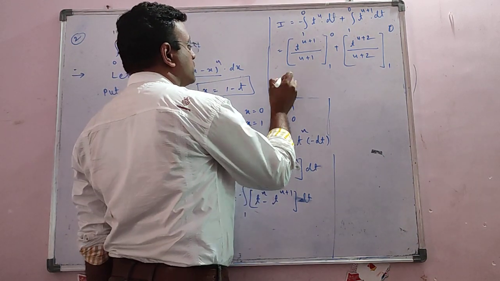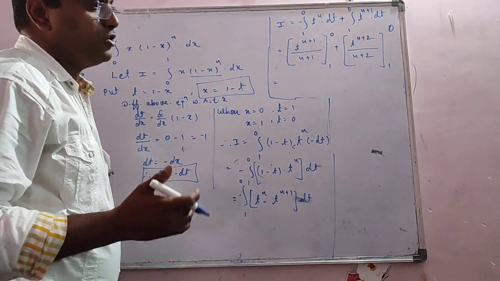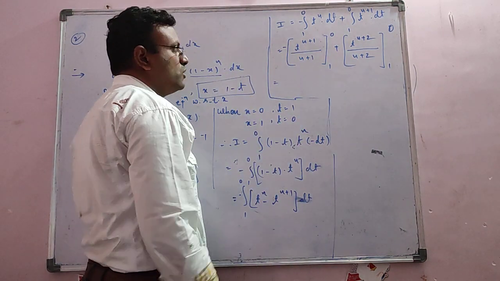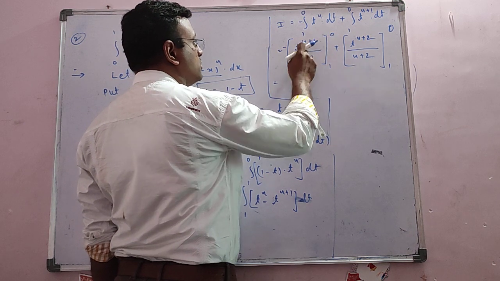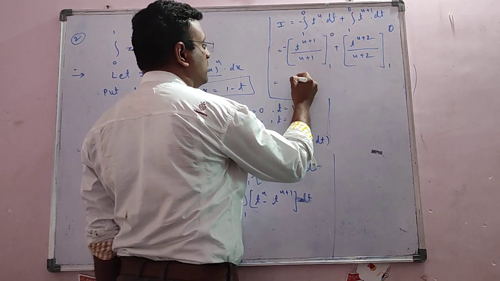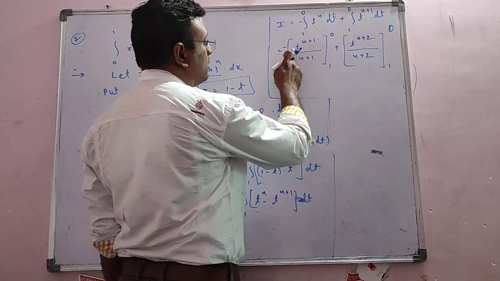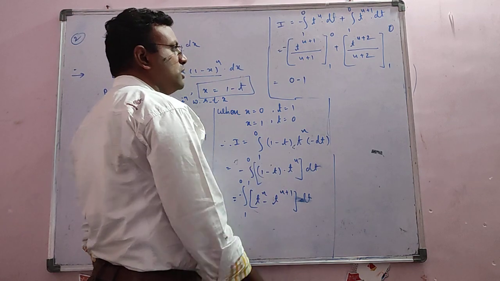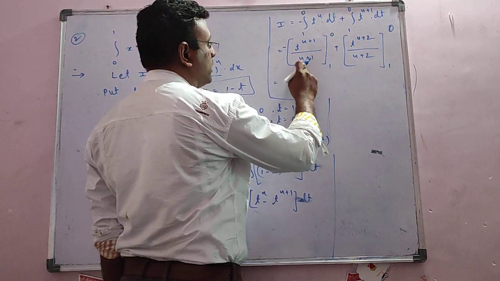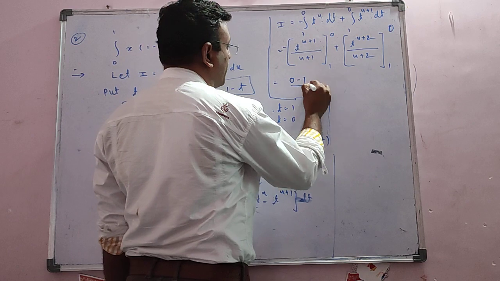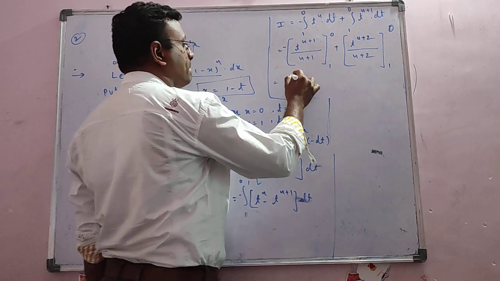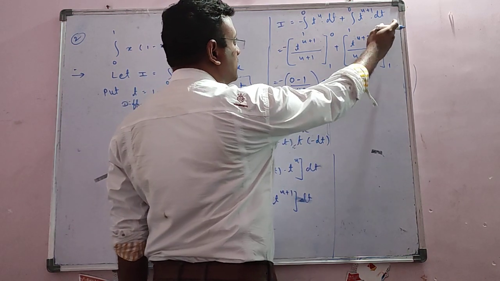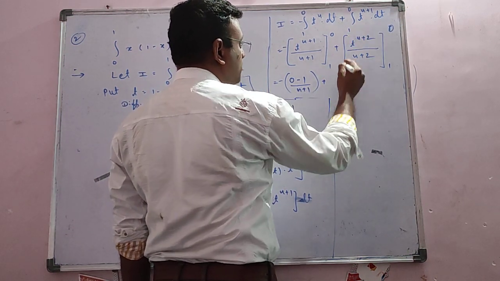Now what do we need to do? First of all, we put the upper limit and then we put the lower limit. The minus sign is here. Wherever there is t, put 0. 0 to any power is 0. Minus, wherever there is t, put 1. 1 to the power n plus 1 is 1 only, upon n plus 1. Similarly, for the upper limit 0, everything will be 0.